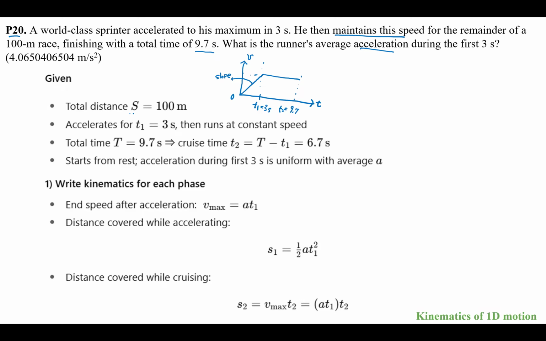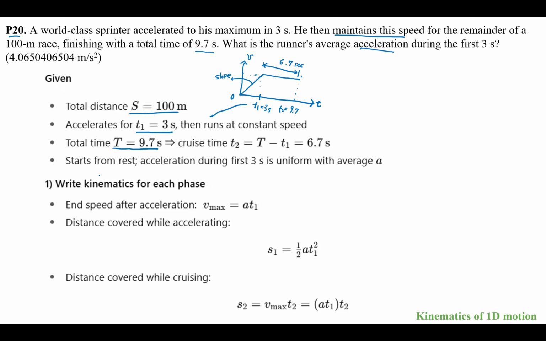So let's summarize what is given. The total distance is 100 meters. Accelerate for T1, 3 seconds, as we have seen there. And then runs at a constant speed, so speed does not change. And total time is 9.7 seconds, such that the cruise time from here to here is 6.7 seconds.